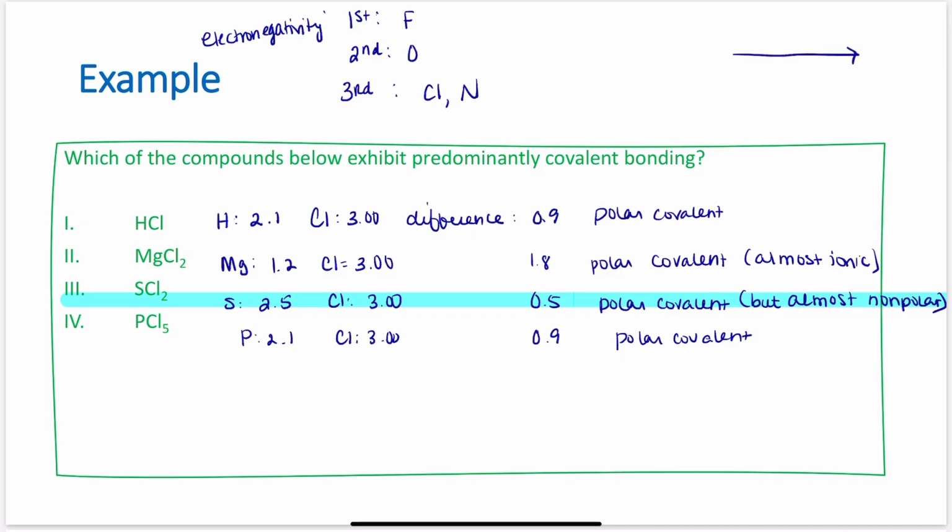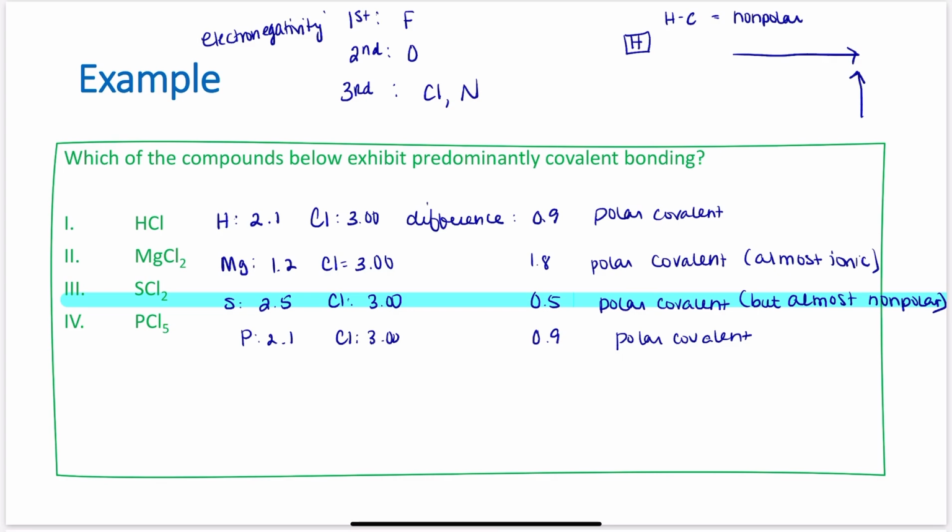After that, you need to know the general trend across and over. You should also know that even though hydrogen fits over here, hydrogen and carbon is nonpolar. So therefore, hydrogen must not follow the general trend of up and over. With that in mind, with the up and over idea, I know chlorine is in third place.